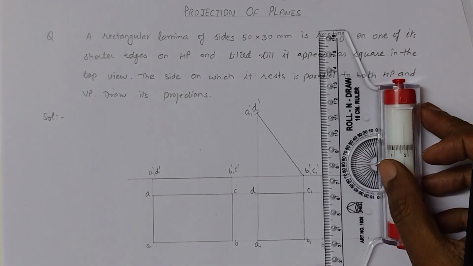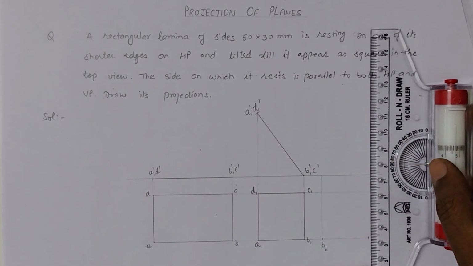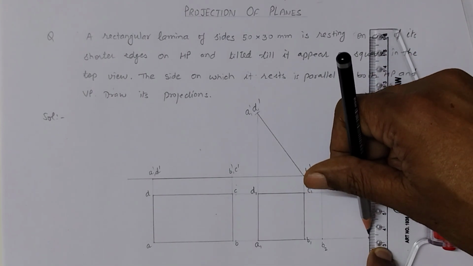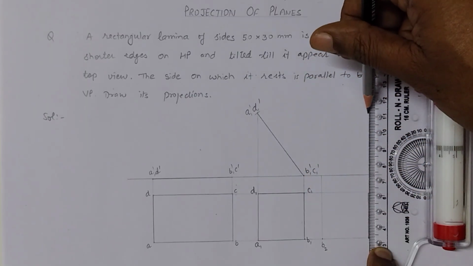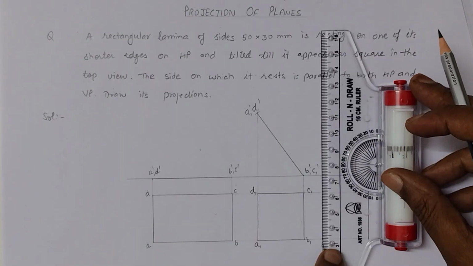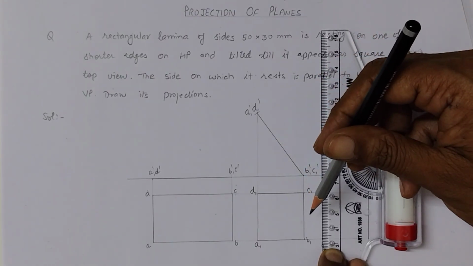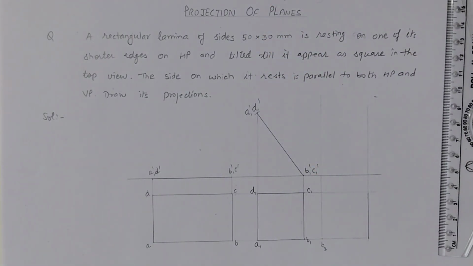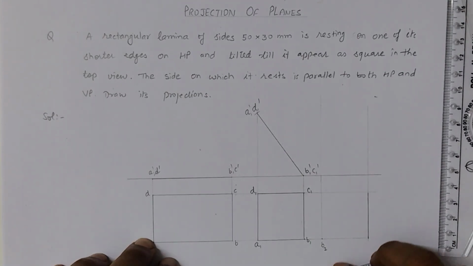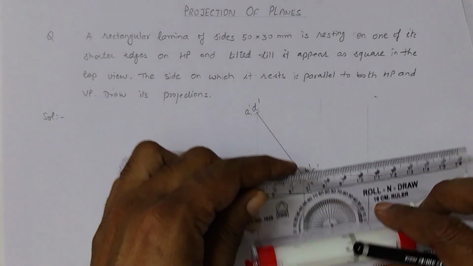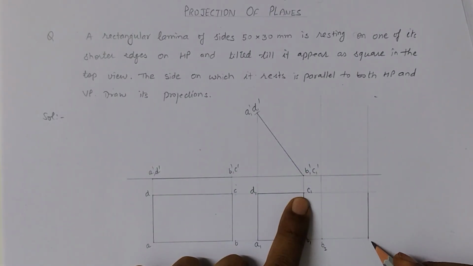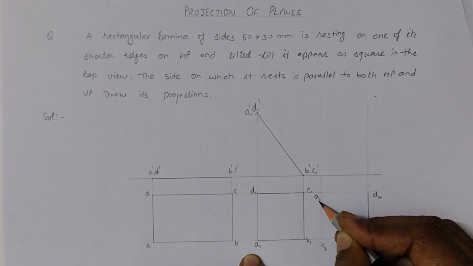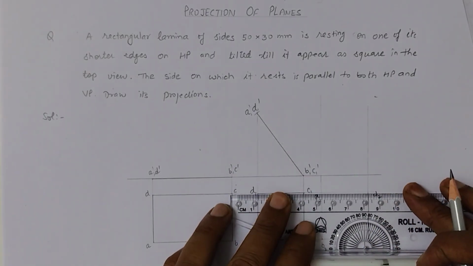Now using the ruler scale, B2 here, C2 this side, here is D2, and A1 here, A2 here. So darken these edges of the square.